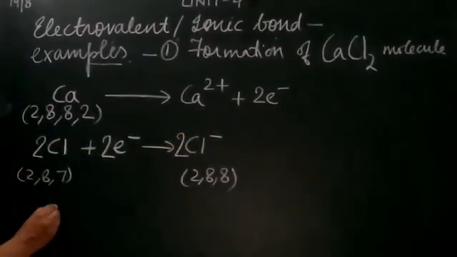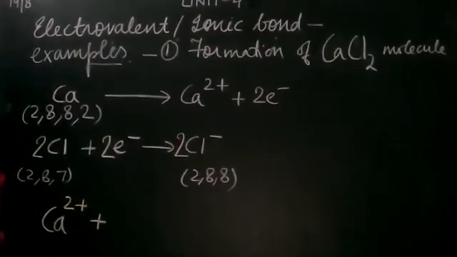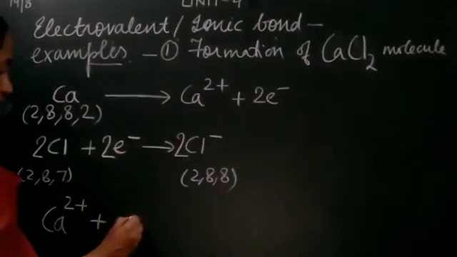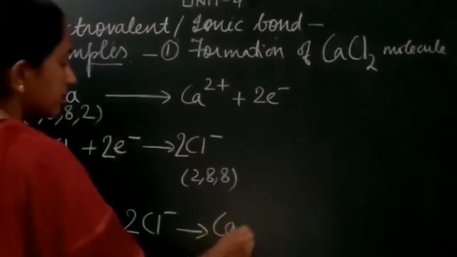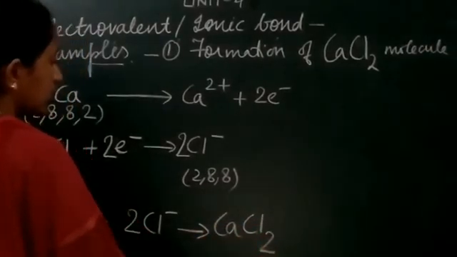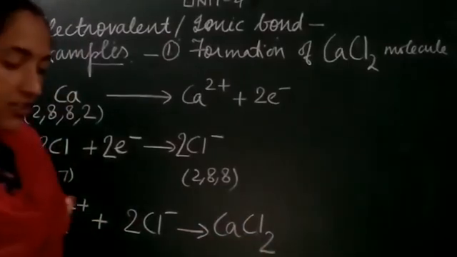And now you can show the formation: Ca2 plus and two Cl negative will form calcium chloride, CaCl2, right? This is the formation of the calcium chloride molecule.